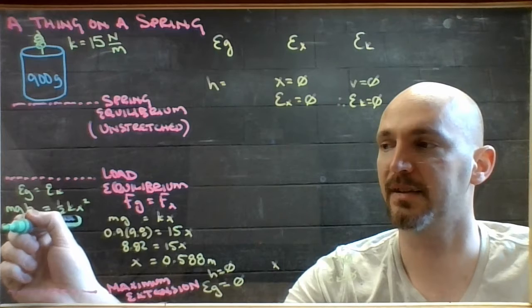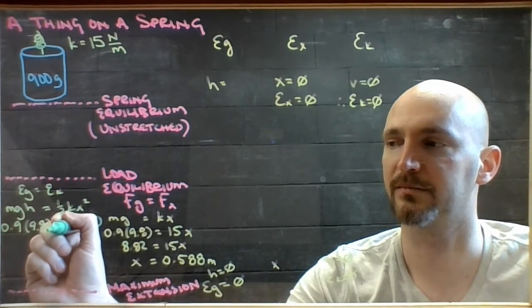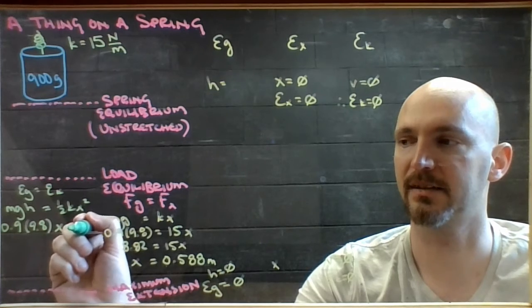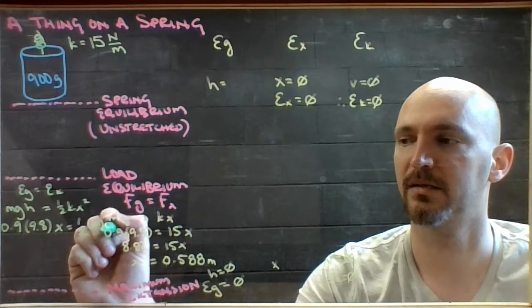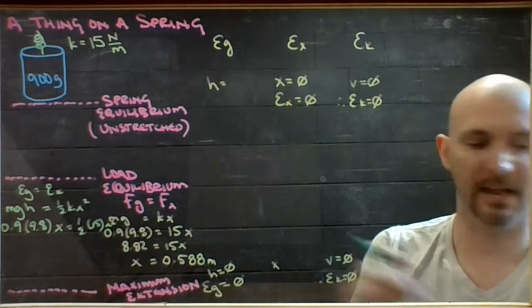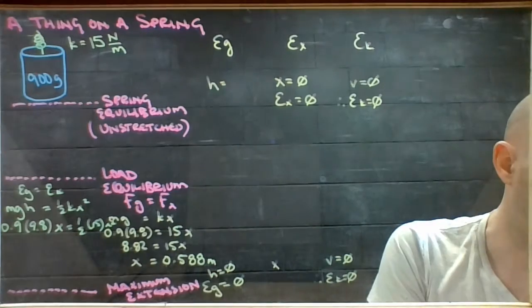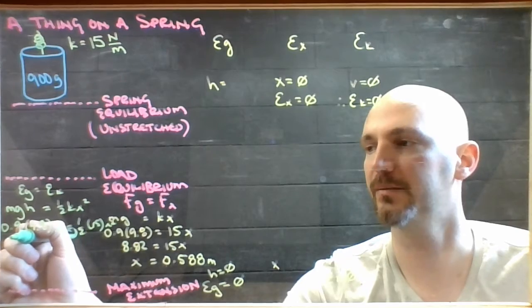I'm going to decide to replace it with an x just because I can. So the mass, I've got 0.9, g is 9.8, this thing is an x, I've got 1/2, k is 15, x squared. All right, 0.9 times 9.8 is 8.82.